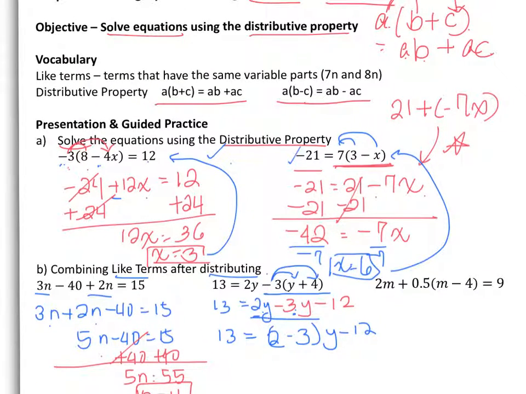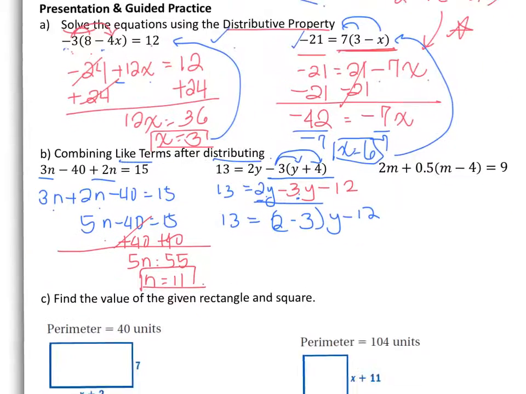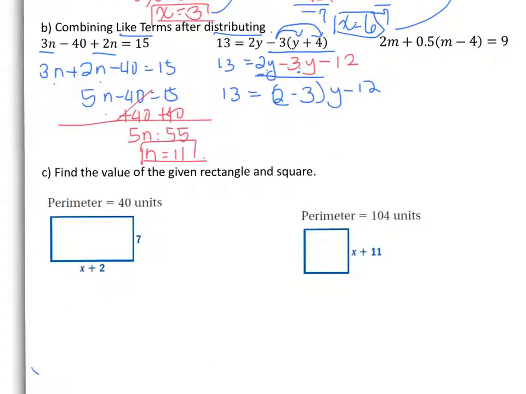We're going from this direction. So 13 equals negative y minus 12. Again, then we can add 12 to both sides. Cancel that. Negative y would equal 25. And then y would equal negative 25.